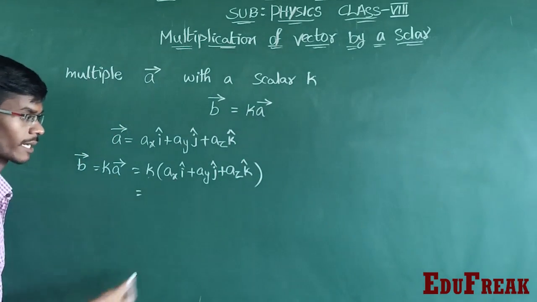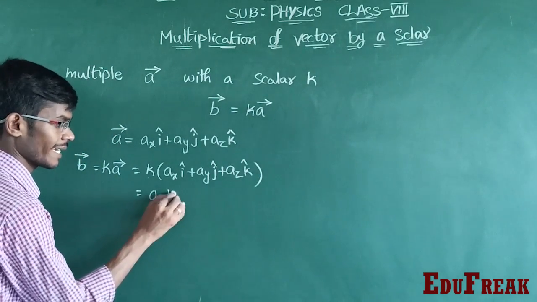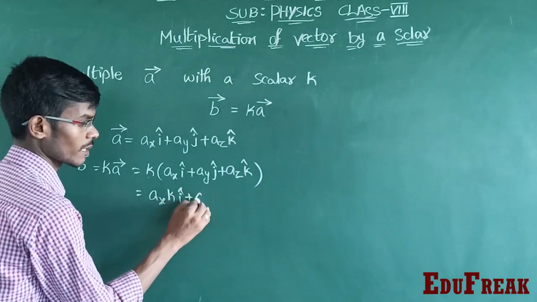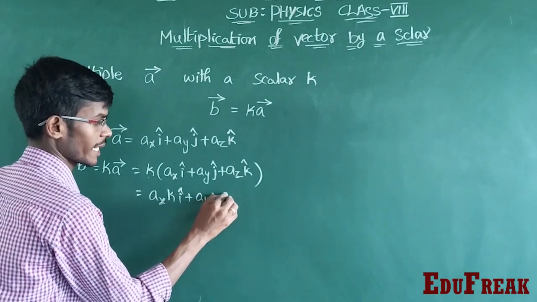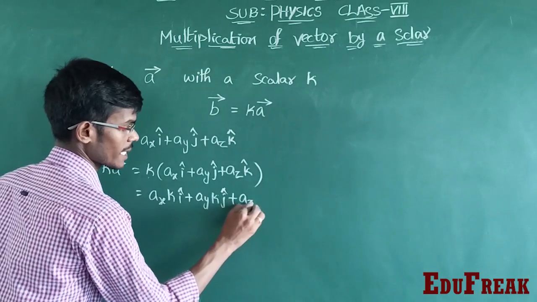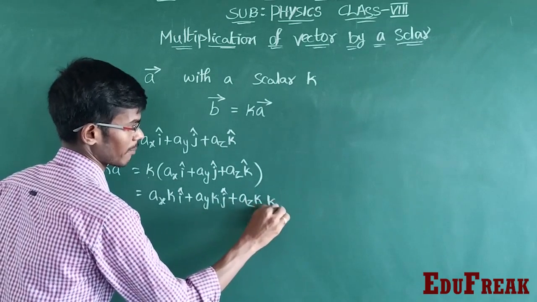Then multiplying normally, axk i cap plus ayk j cap plus azk k cap.